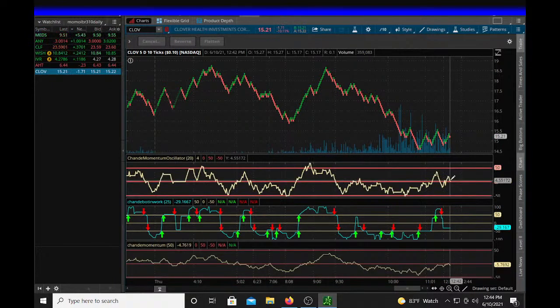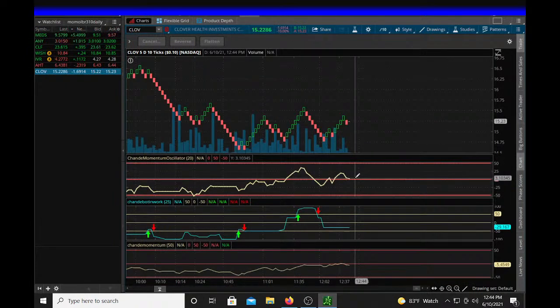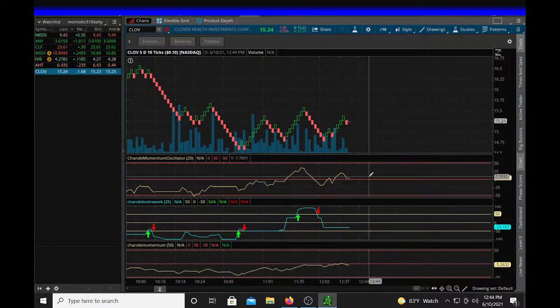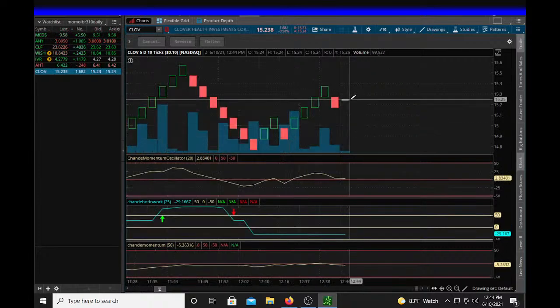This one is sitting right on it. All signs say it's going down, though. Oh, look at it trying to come up, though. See? Let's see what type of brick starts to form here.